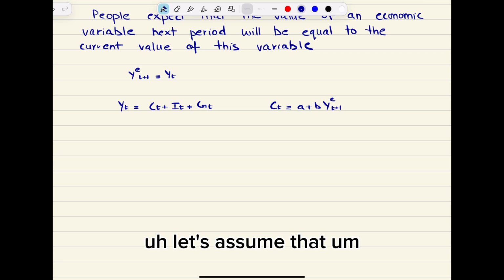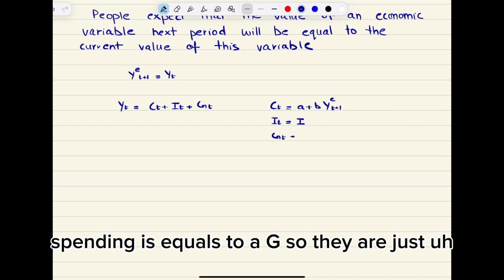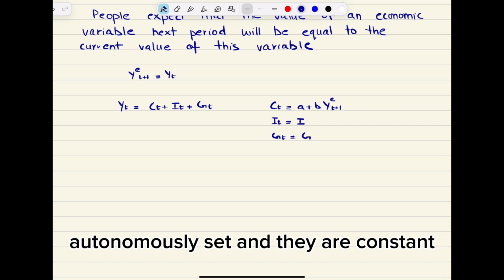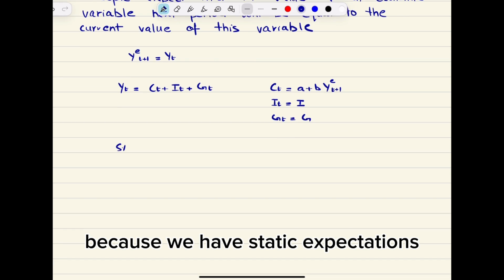Let's assume that investment is equal to a bar I, and government spending is equal to a bar G, so they're just autonomously set and they're constant.